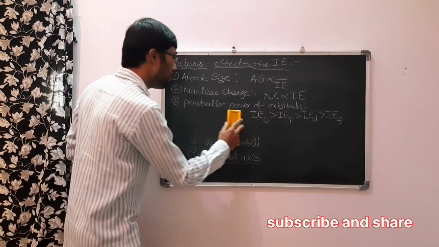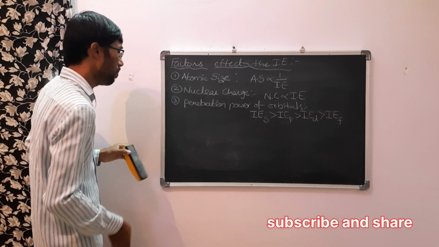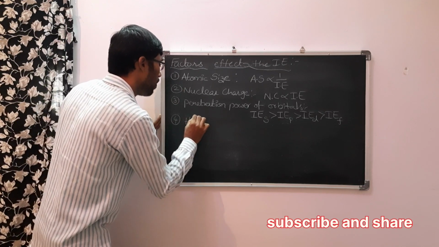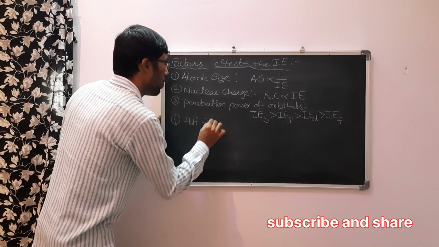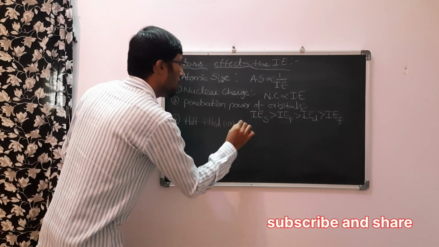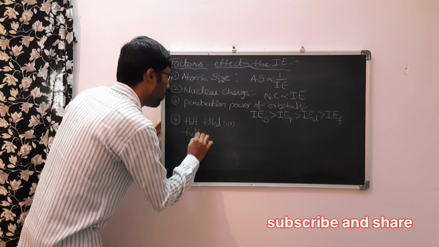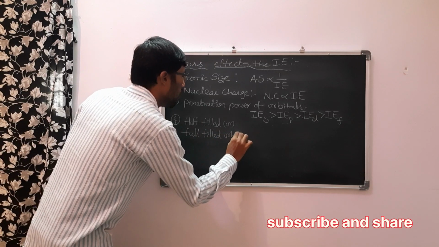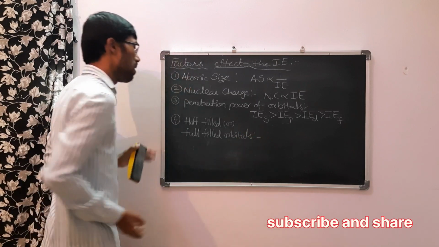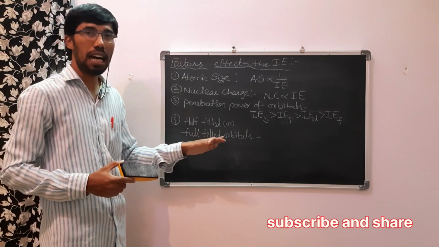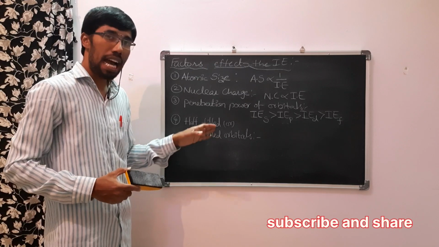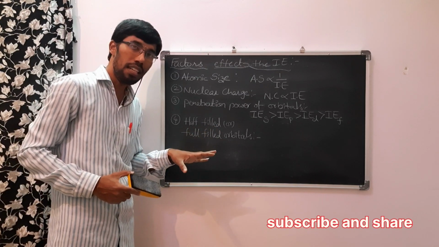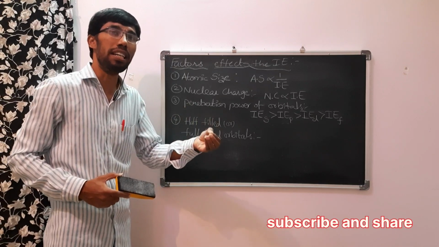Now the fourth one, half-filled or fully filled orbitals. Atoms which have either half-filled or fully filled orbitals gain more stability.